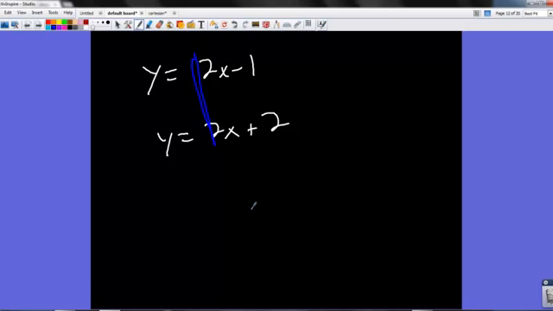Don't even bother graphing it, because you know they're parallel lines. You know there's no solution. If you do try and get parallel lines, okay, fine, great, but just know that if your slope's the same, there's no solution.